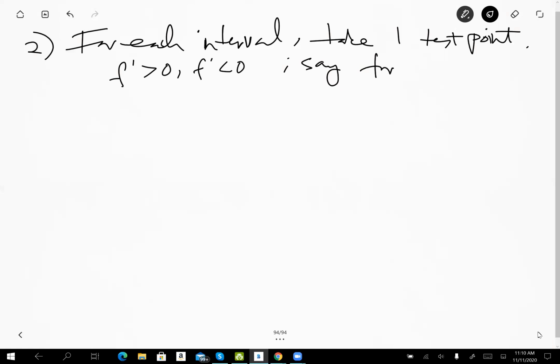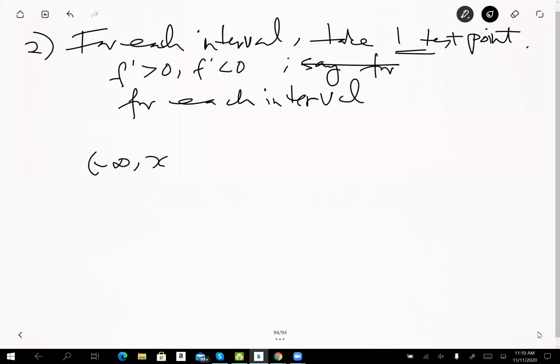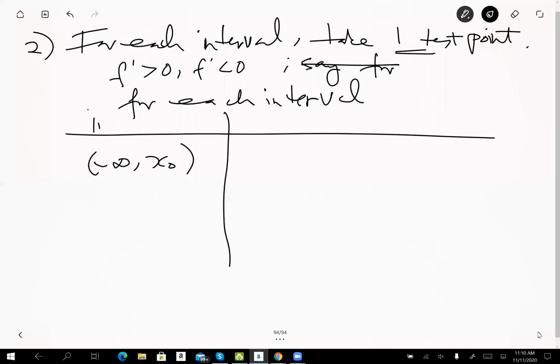For each interval, take one test point. So I have the intervals from negative infinity to x0. It's good that we can make a table. Here are the intervals, and here is the f prime. And of course, you want to look at the function as well.